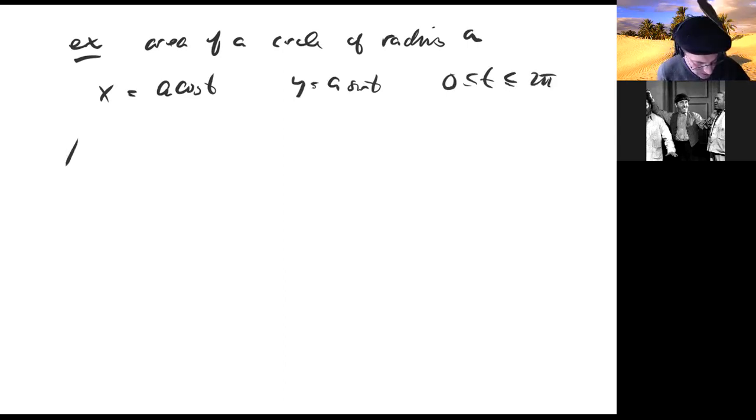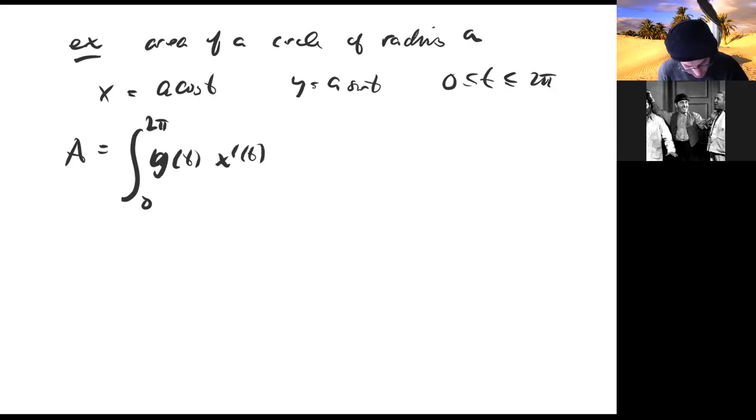So the area is the integral from 0 to 2 pi of y of t times x prime of t dt. What's y of t? That's a sine of t. And what is x prime of t? It's the derivative of a cosine t, which is negative a sine of t.